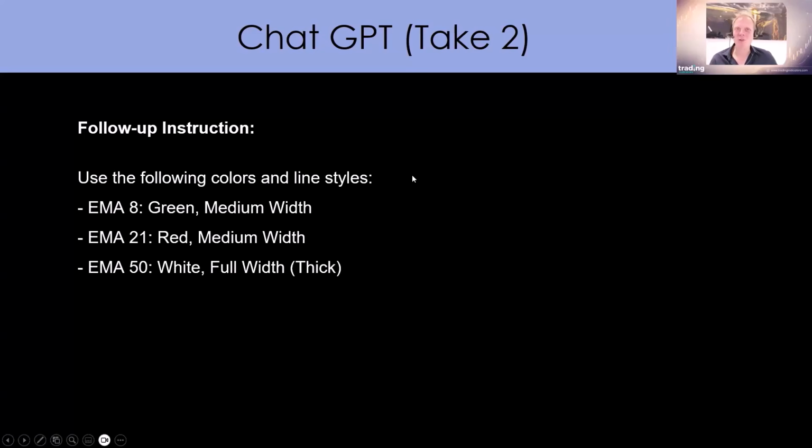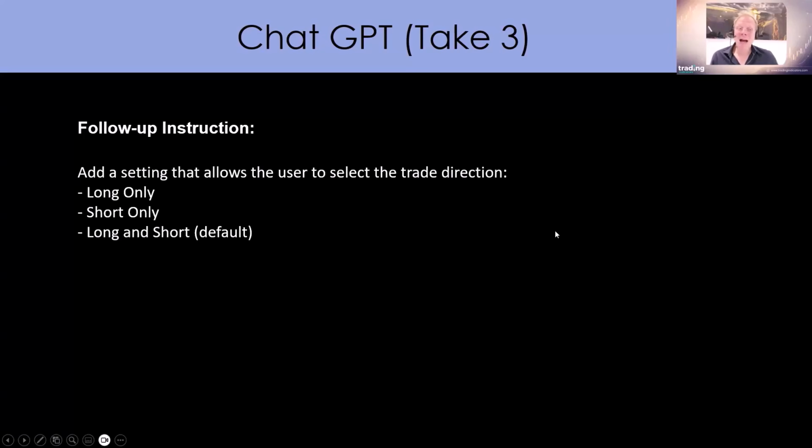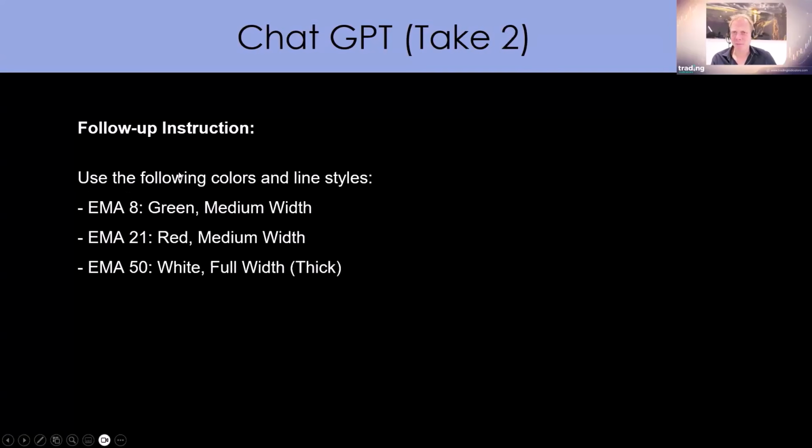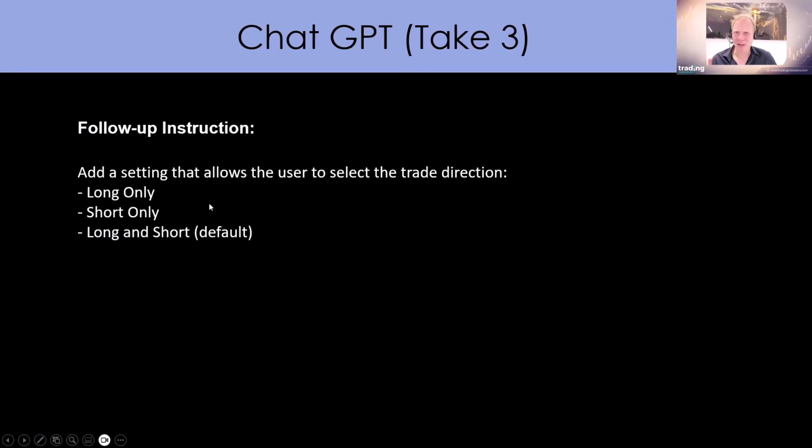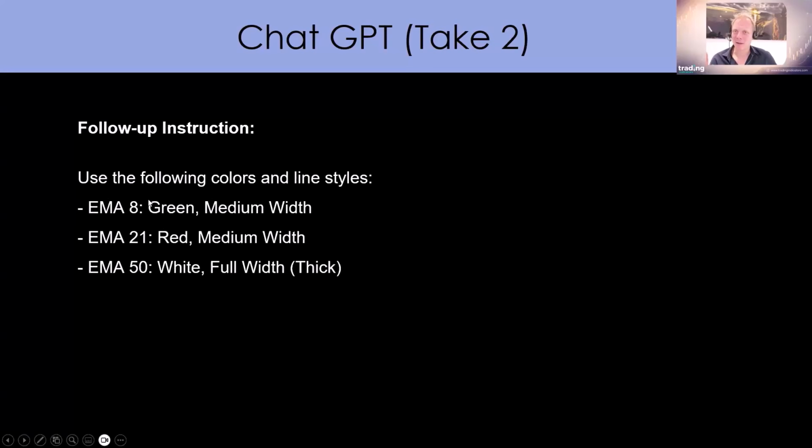Okay, but there's one more take. Take 3. I thought, hey, it's an interesting strategy. First of all, before we look at take 3 here, let's think about this a little bit, and let's think about the conditions for a long entry and the conditions for a short entry. It's a bit strange because it's not symmetrical.